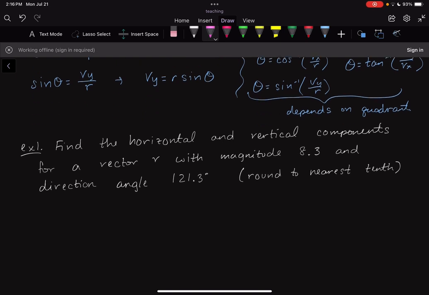So first I'm going to write out what it's giving me and what I want to find. So my magnitude is 8.3. That's going to give me r. So it says my r is 8.3. Then it says my direction angle is 121.3. So that's going to be theta.